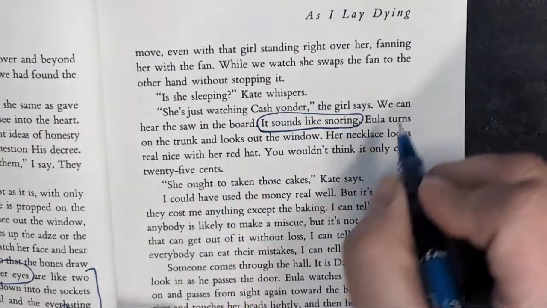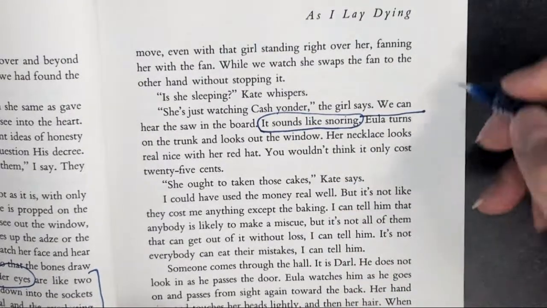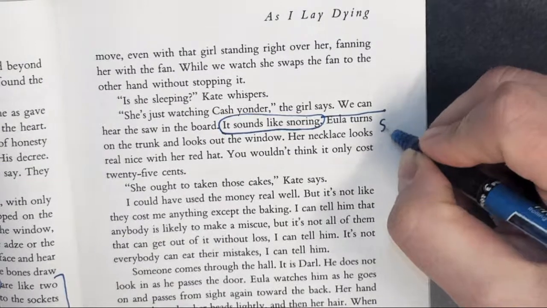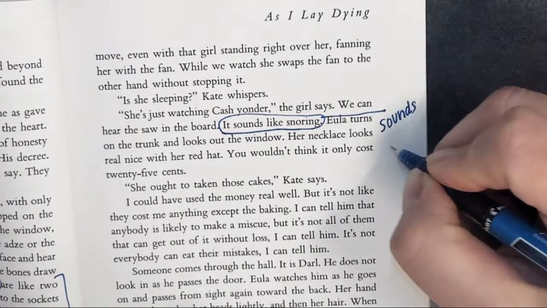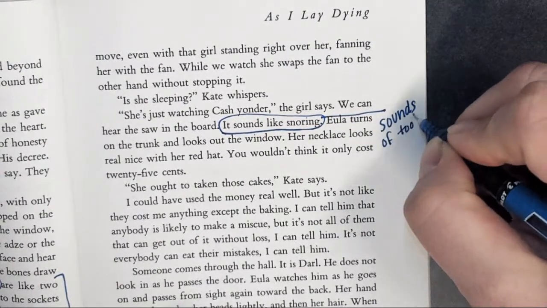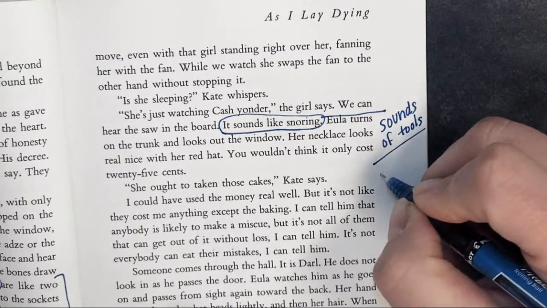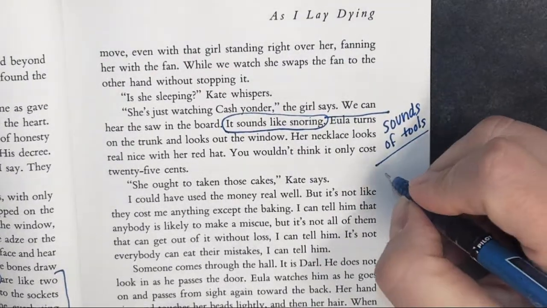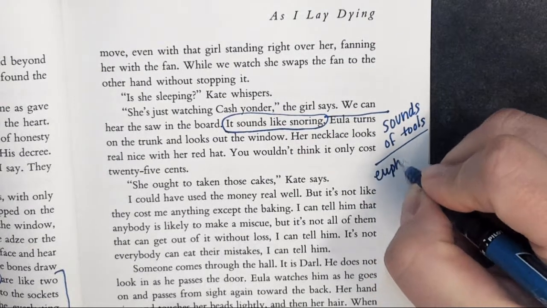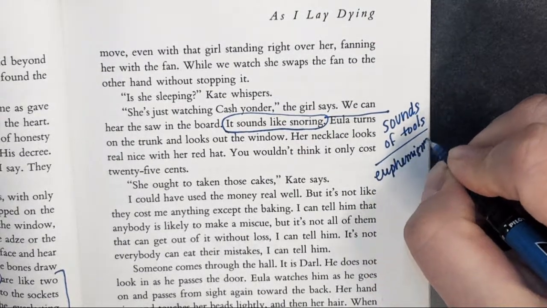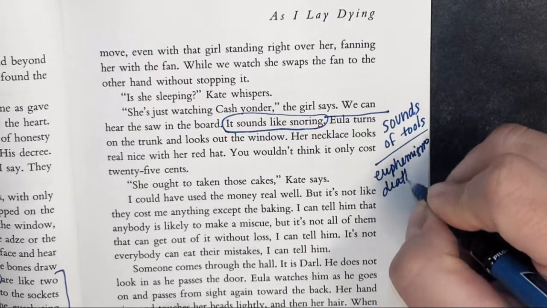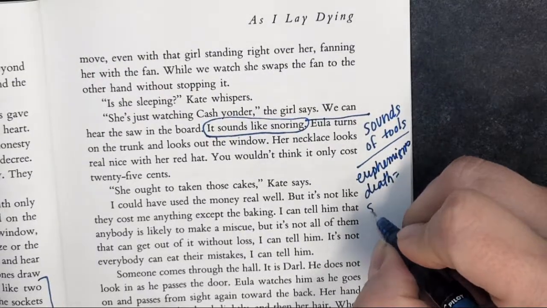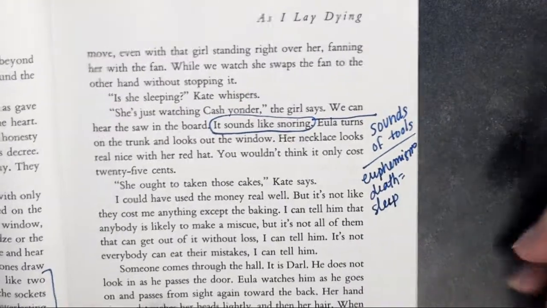Okay, remember how we heard the adze with the chuck and the beat? Okay, so again we have sounds of the tools. It sounds like snoring. Okay, think about euphemisms for death. What is a euphemism? It's a polite way of saying something offensive, like sleep.